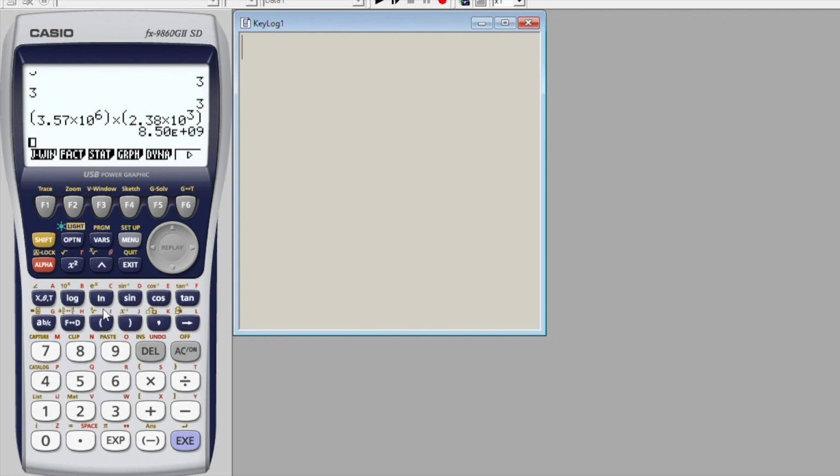The second question says to divide, so I use the fraction template, and I'll divide 4.61 times 10 power negative 7 by 3.45 times 10 power 8. If I simply execute this, I get 1.34 times 10 power negative 15.